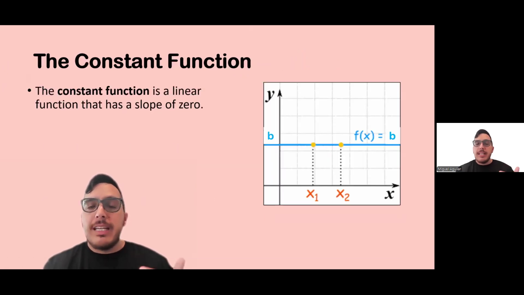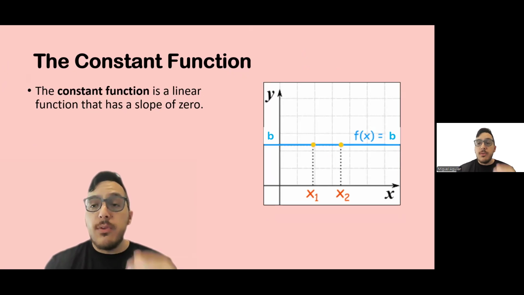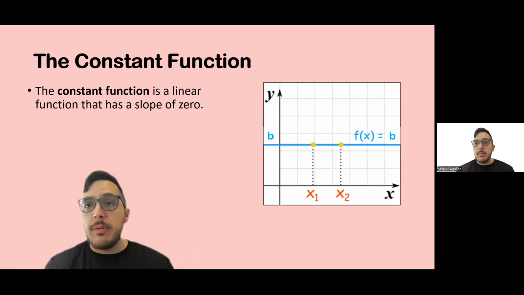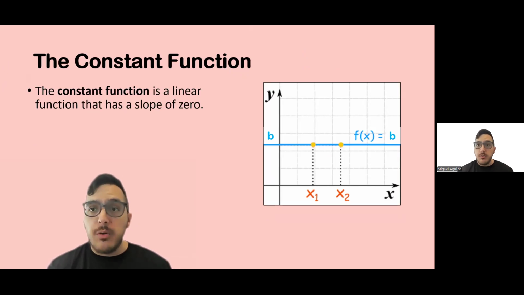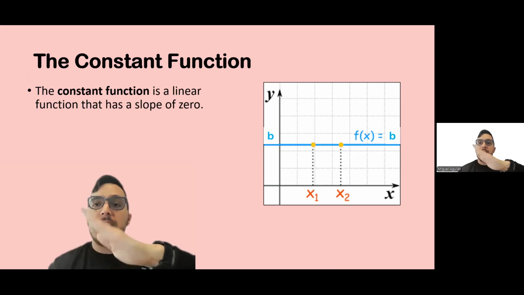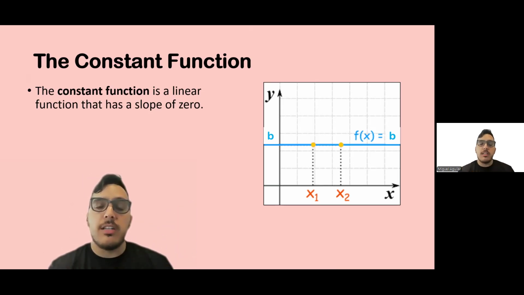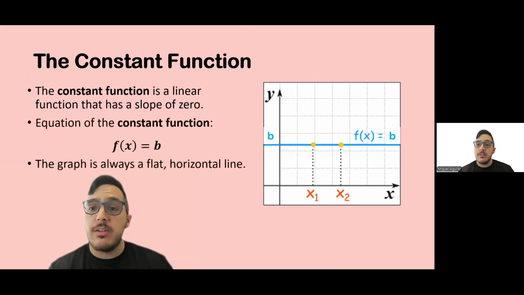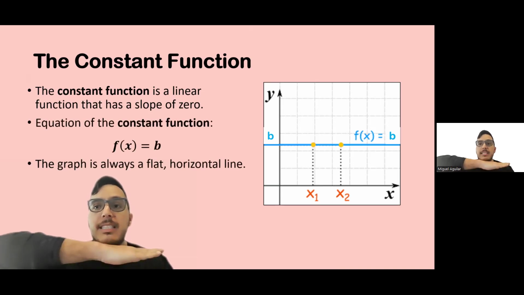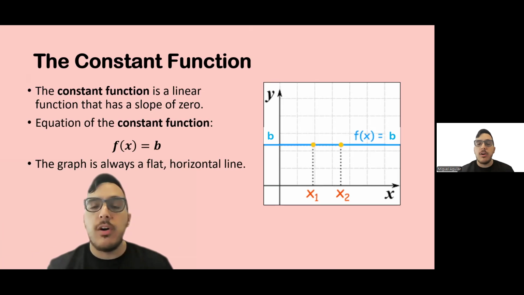Well, because the slope is zero, if you think about something in real life, like trying to climb up a hill or walking down a road, if it has zero slope, that means it's neither inclined up nor inclined down. It's perfectly flat. So constant functions will always appear to be perfectly horizontal lines, and they'll be parallel with the x-axis, again, because the x-axis is that horizontal line on our Cartesian coordinate system, okay?